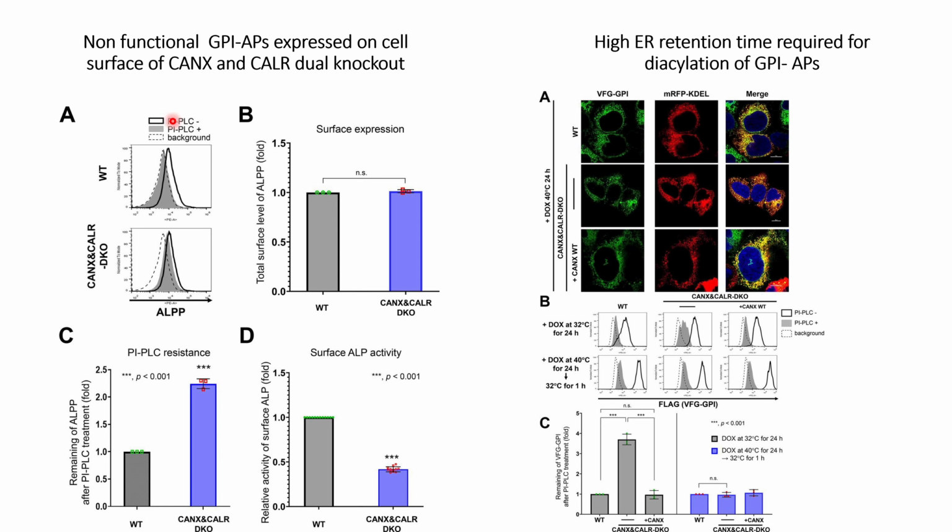So first they check the sensitivity of the GPI-APs expressed on the cell surface with the help of PI-PLC. That will give them an idea whether deacylation occurs or not.